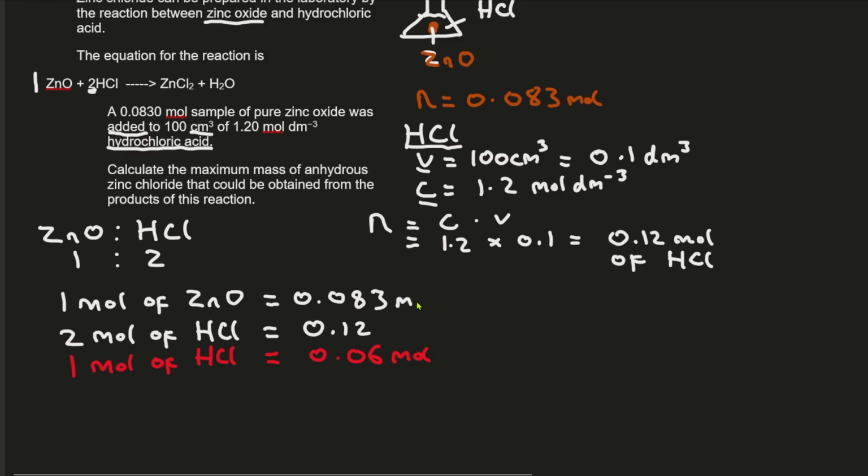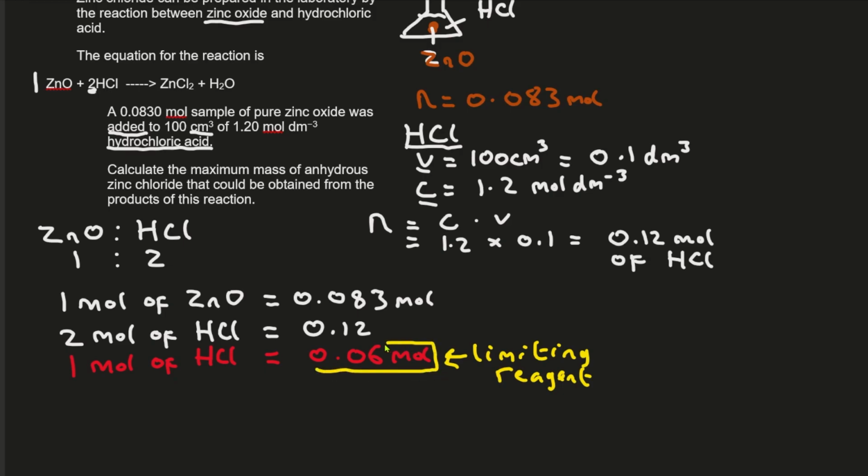Because now we know that when we have 1 mole of ZnO reacting with 1 mole of HCl, we can clearly see which one is smaller, which one is less, or limiting. This one here is our limiting reagent. So this is the one that we have to take for our stoichiometric ratio scaling.